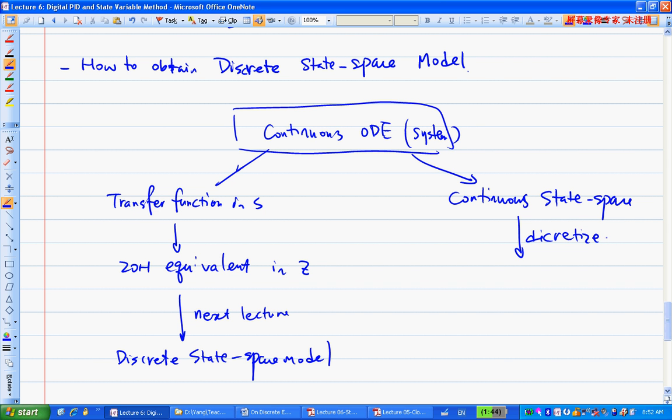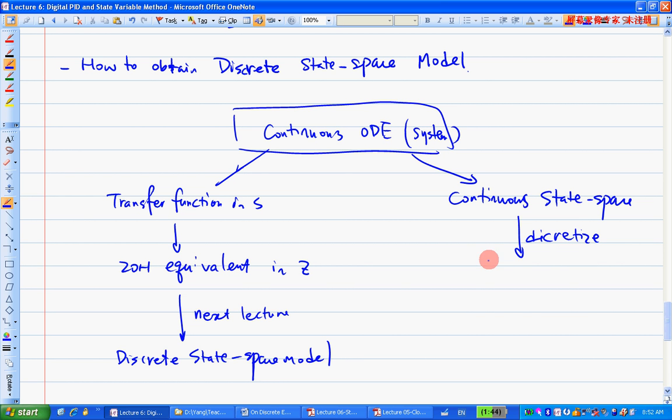How do I discretize that? It's the same idea. How did you discretize the S block? You put a zero-order hold in front of it. And here, when you discretize a continuous state model, I'm going to show you in one lecture, it's the same thing. We use a zero-order hold equivalent to discretize this continuous state space model.